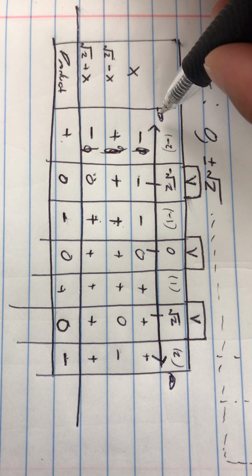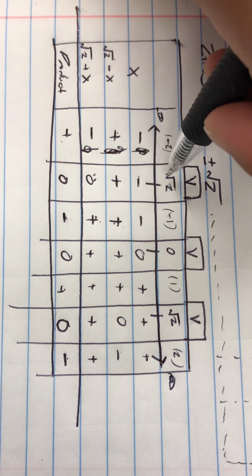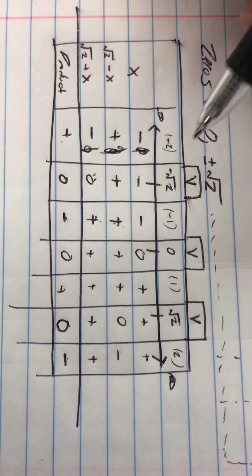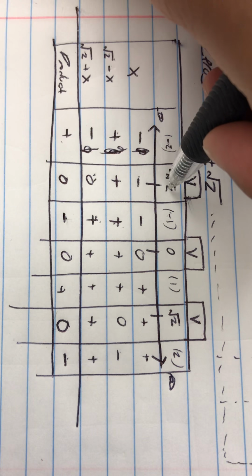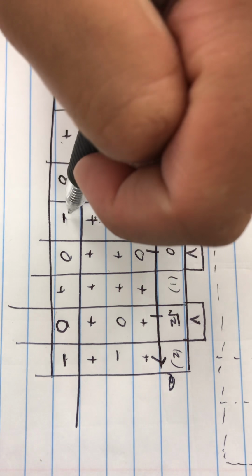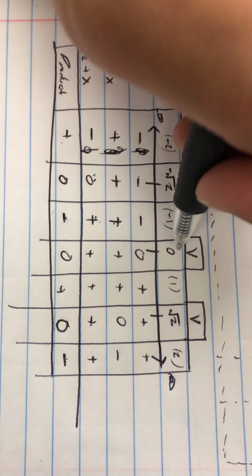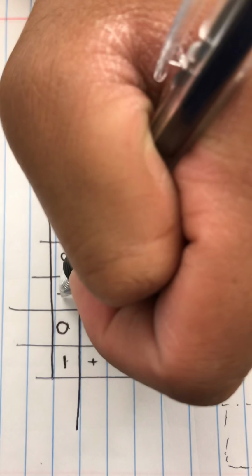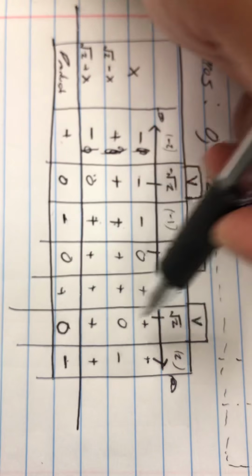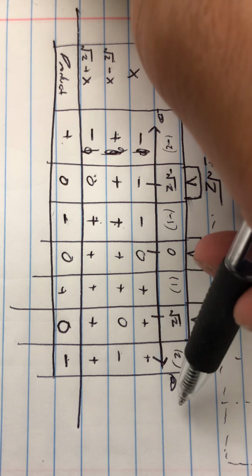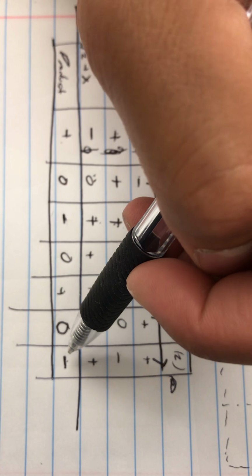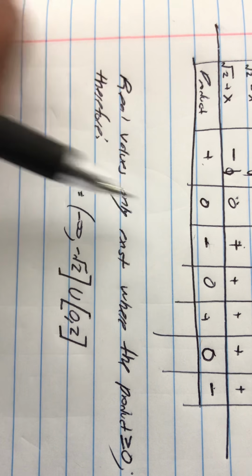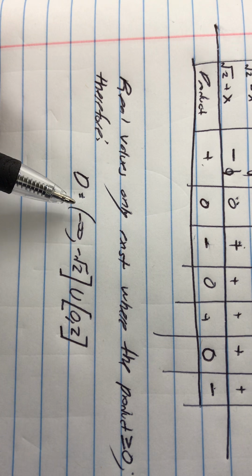So everything from negative infinity to a negative square root of 2, including that value, is going to have a domain, but everything between negative square root of 2 and 0 will not have a domain because of the fact that the product is negative. However, thereafter you can see that from between 0 and square root of 2, you get positive value, therefore the domain exists, and everything beyond square root of 2 until infinity has a negative value as the product, so the domain does not exist.